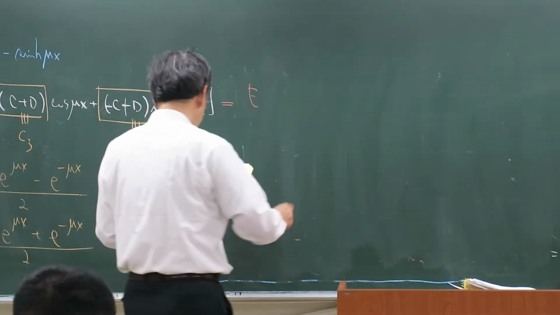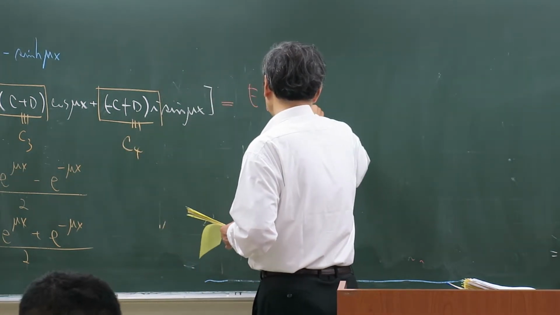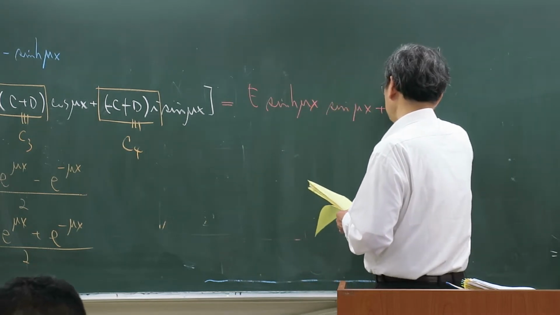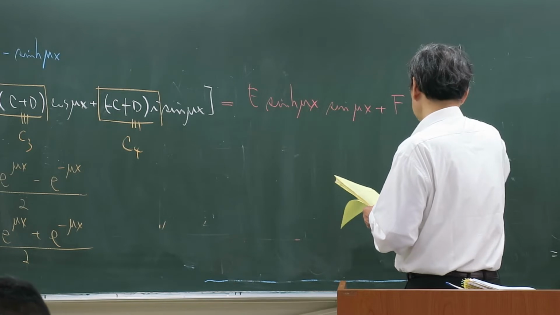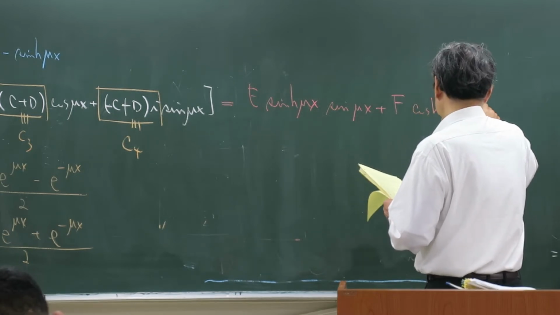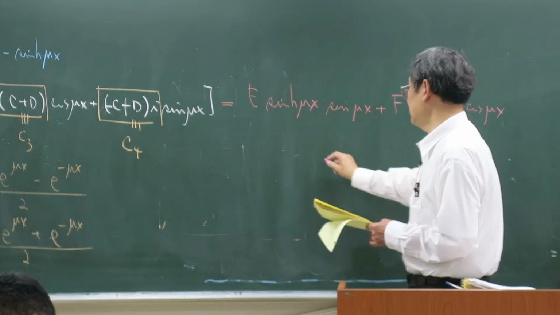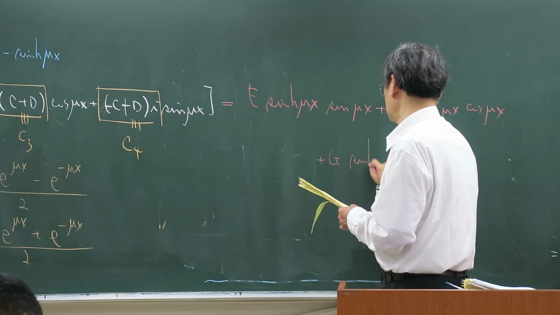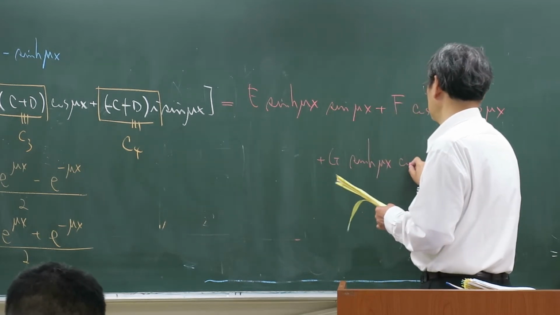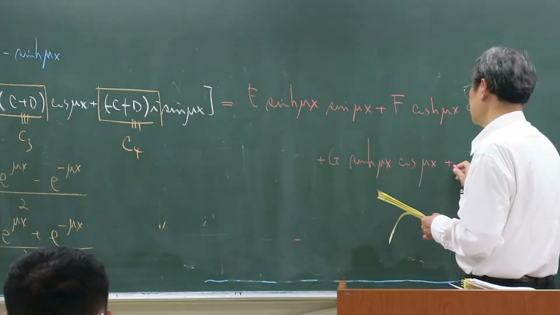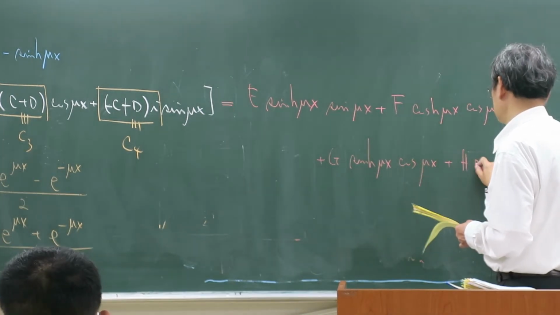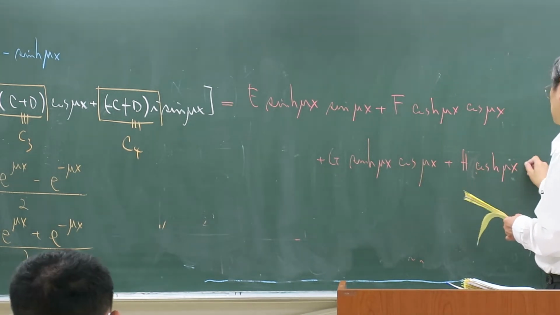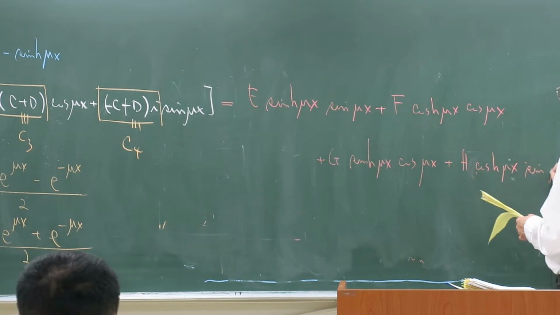So the exponential solution is E hypersine mu x sine mu x plus F hypercosine mu x cosine mu x plus G hypercosine hypersine mu x cosine mu x plus H hypercosine mu x sine mu x.